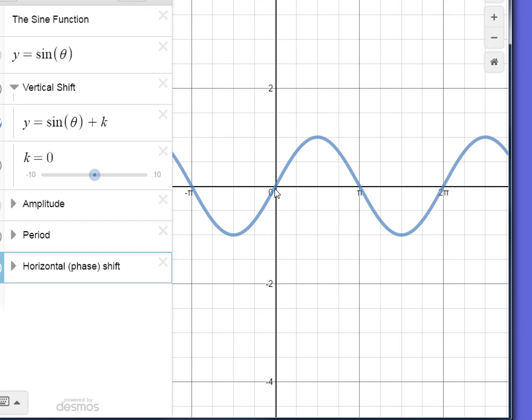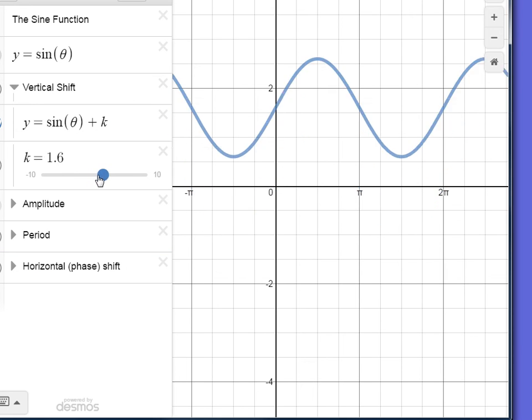If we put in various angles in terms of radians, this is what we would get as the y values. We would go from 0 to 1, then down to 0, then down to -1, and then back up to 0 as we put in 0, pi over 2, pi, 3 pi over 2, and 2 pi.